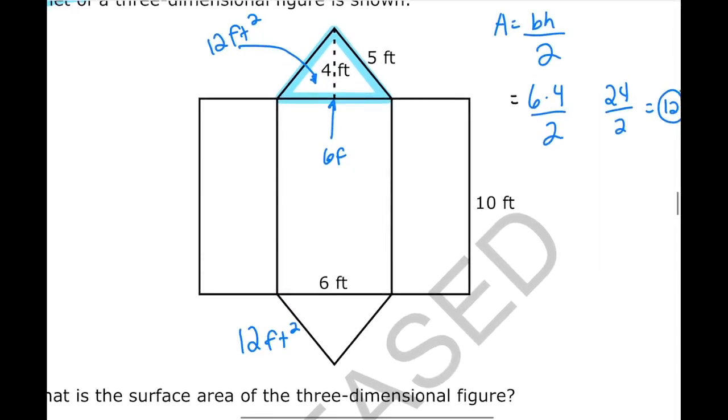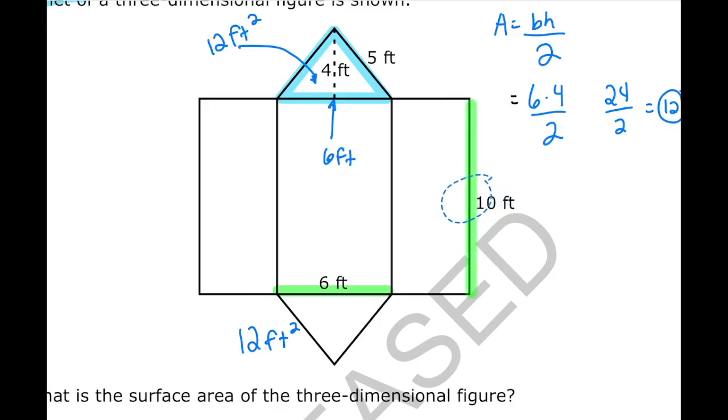And now we can focus on the rectangles. Looking at the main one in the middle, we see that this is 6 this way. And if I go straight up and down, I don't have a number directly on that line segment. But if I kind of slide left and right, I can see that this line segment corresponds with this line segment.